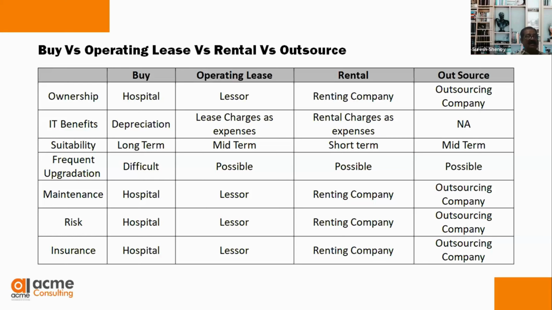And the risk: when you are buying, the risk is on the hospital, and in operating lease, rental, outsource, etc., it is not on the hospital's head. And insurance: in the buying case, the hospital has to invest in that insurance also, but in all the other cases like operating lease, rental, outsourcing, you don't have to pay insurance.